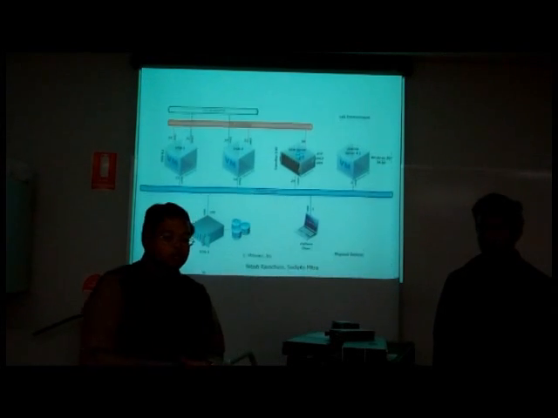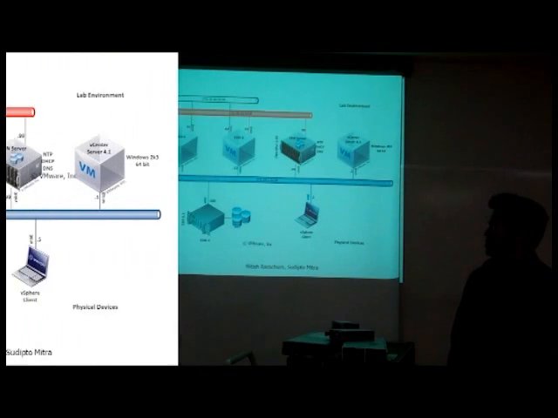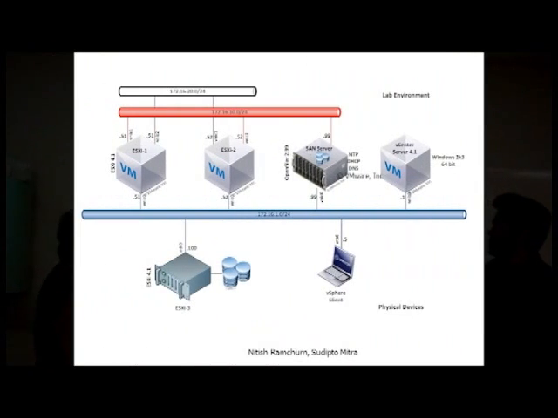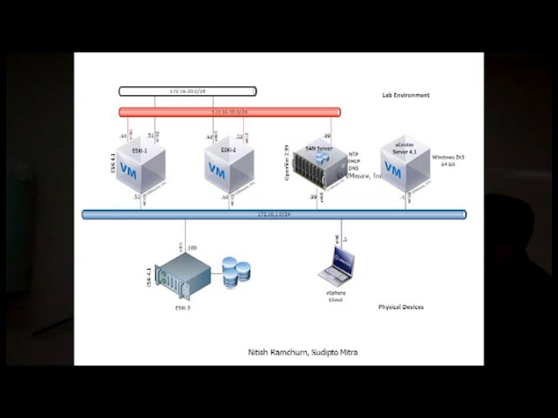Now for the logical topology of the setup. Here are our physical devices: the blade server, the storage, and the vSphere client. On the blade, we installed ESXi3, a bare metal installation of ESXi.